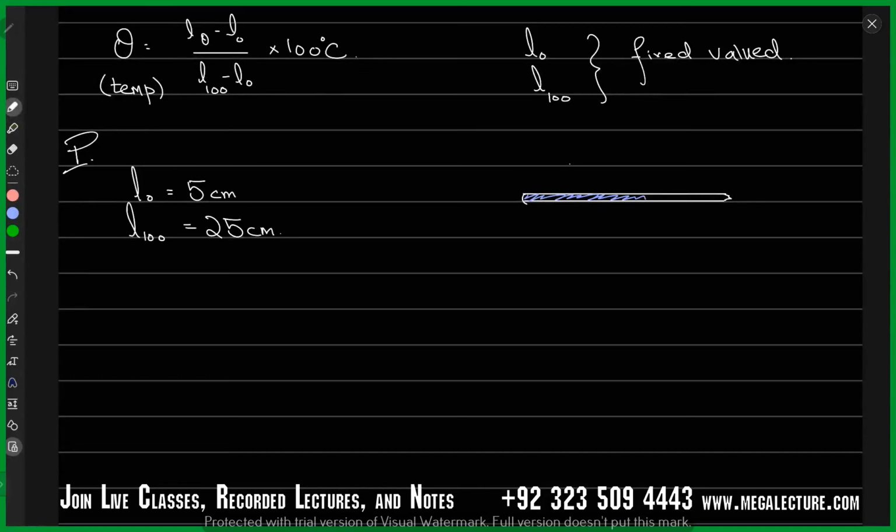You want to figure out the temperature of a substance. So for example, you're trying to figure out the temperature of any substance, and you put this thermometer in that substance. It turns out that this length of the mercury is 14 centimeters. Can you tell me which variable this is?